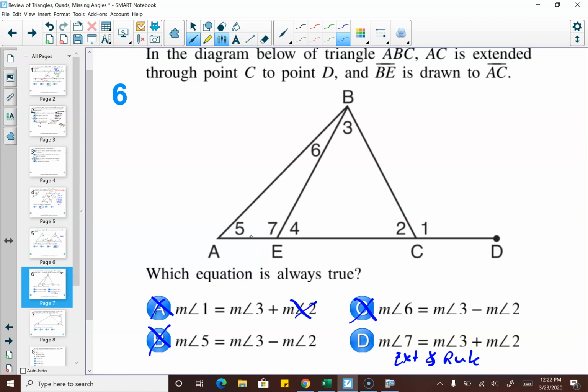Angle 3, because now if we draw it, imagine we drew that one triangle there without the additional one. You can see that 7 is the exterior angle, 3 and 2 are the non-adjacent interior angles, and then therefore you have your exterior angle rule.